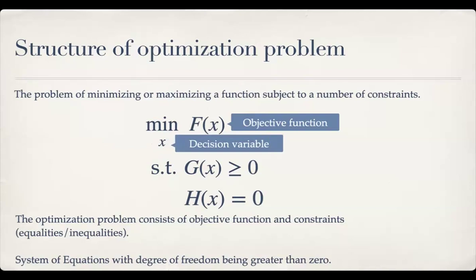And this is the most important part of the optimization problem. You need decision variables. If you don't have decision variables, forget it. Okay, it's not an optimization problem. Objective function is also important. You need an objective function. If you don't have an objective function, it's not an optimization problem. Okay, and we have a set of inequalities and equalities.